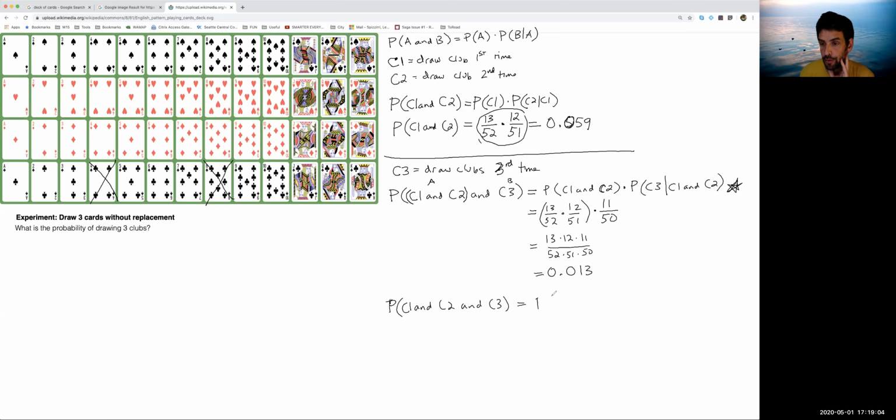We wrote the probability of C1 and C2 times the probability of C3 given C1 and C2. But instead of computing this, let's look at P of C1 and C2. Let's look up here. P of C1 and C2 can be written this way.